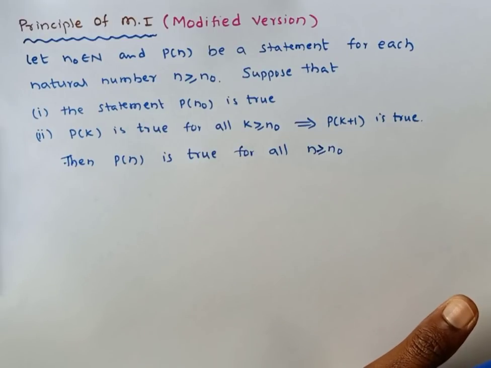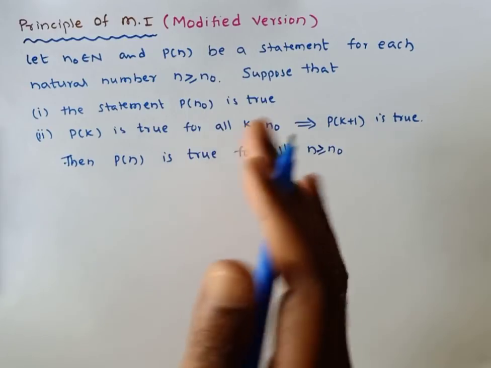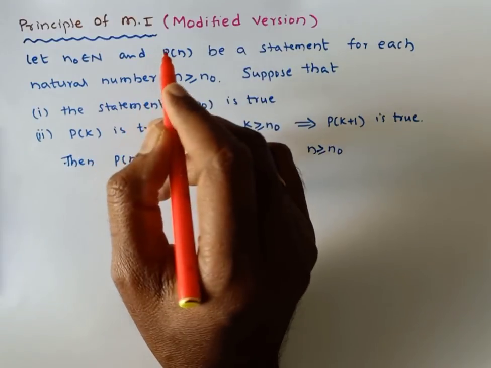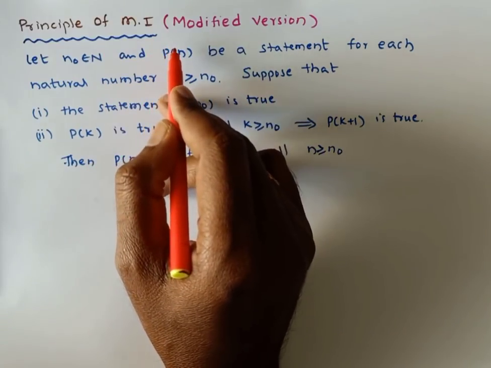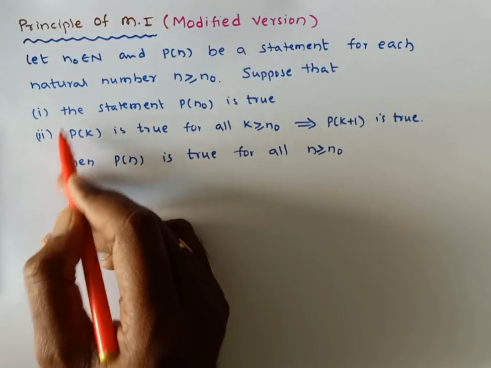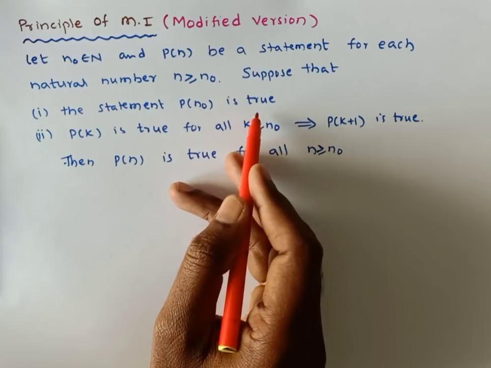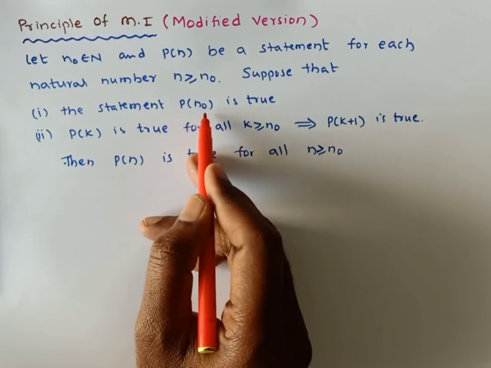So did you identify the difference between the principle of mathematical induction and the modified version of mathematical induction? See, in our general principle of mathematical induction, there are only two steps, like the statement P of 1 is true. Here it is P of n naught is true.